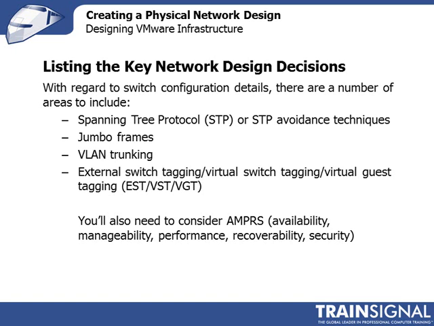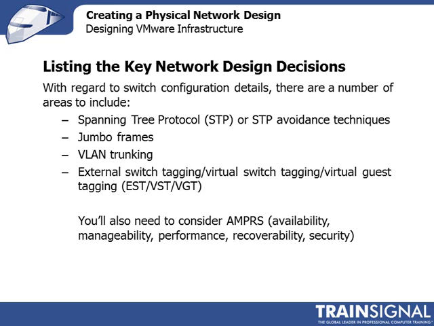As you consider the network design, you'll also want to consider the 5 facets of the network, specifically availability, manageability, performance, recoverability, and security. This is true not only for the network design, but for all aspects of the design.